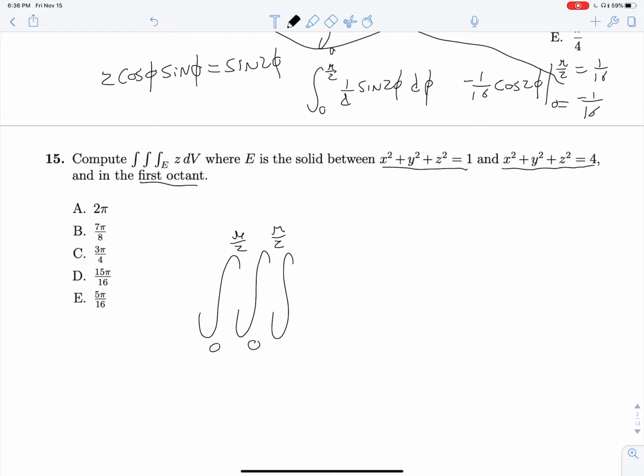And we can see this as theta. If this is our x and y axis, we want positive x and positive y, and the only values for which x and y are both positive is from 0 degrees to 90 degrees, which is pi over 2.